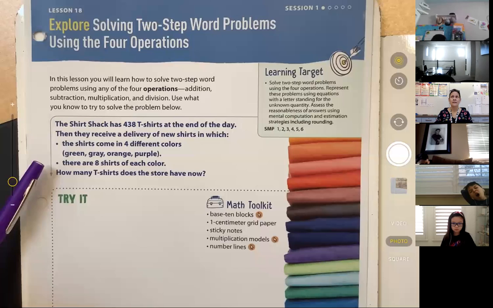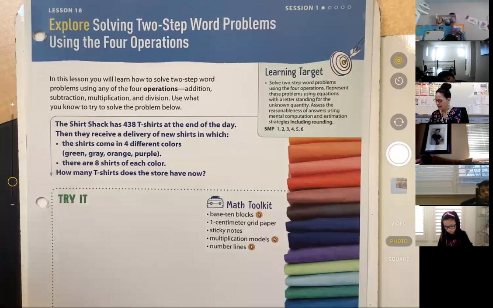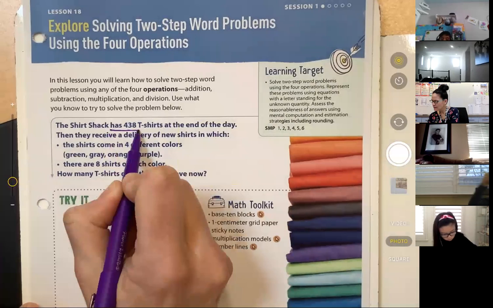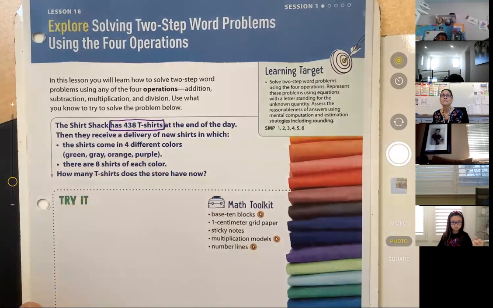Now, again, friends, close reading is so incredibly important here. Let us first understand what the question is asking us before we attempt to solve it. Now, let's break it apart. So this Shirt Shack currently has 438 t-shirts. This is what we start with, 438. Okay.